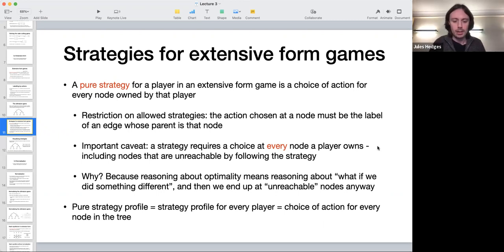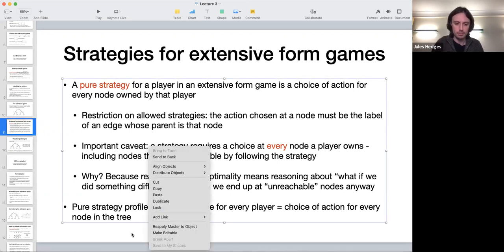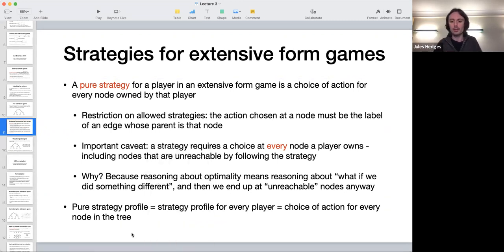Okay, and then a pure strategy profile is the same thing that it always is, which is a tuple consisting of a choice of strategy for every player. And this is the same thing as a choice of action for every single node in the tree, because every node in the tree is owned by some player.